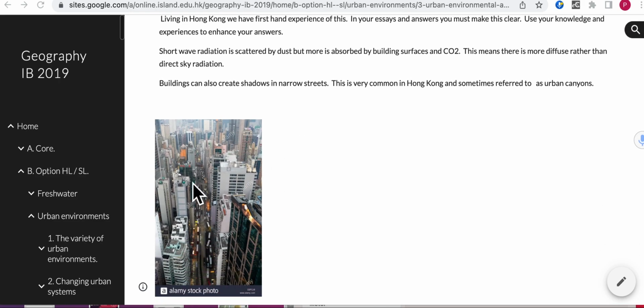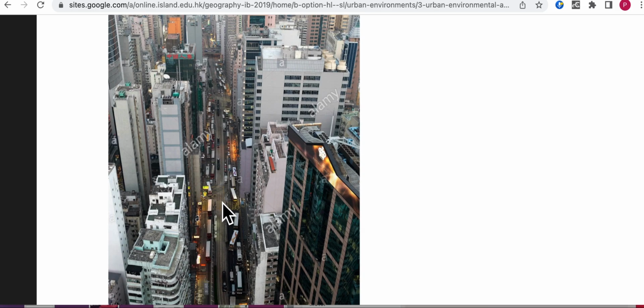We can see in this picture here, this is Hong Kong, and let's zoom in a little bit there. You can see those urban canyons, effectively deep streets, with very tall buildings either side, very narrow streets.